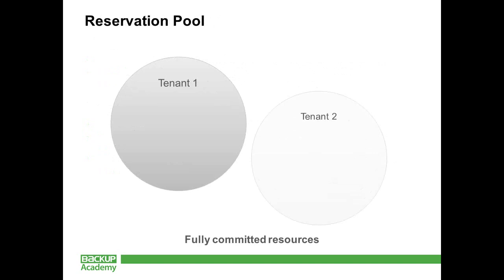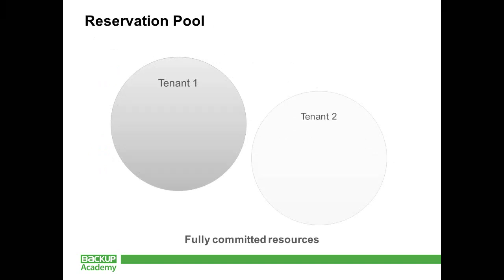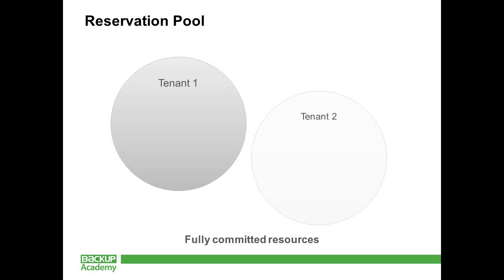Now, looking at the reservation pool allocation model, you can see that you have on this slide 2 tenants, and these are fully committed resources. So you would give an allocation to your organization VDC from the provider VDC.